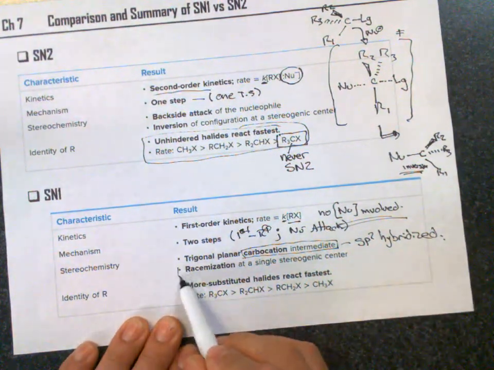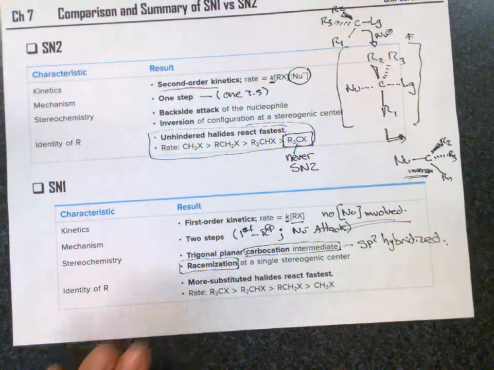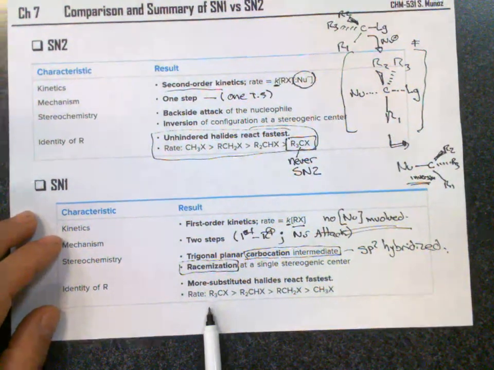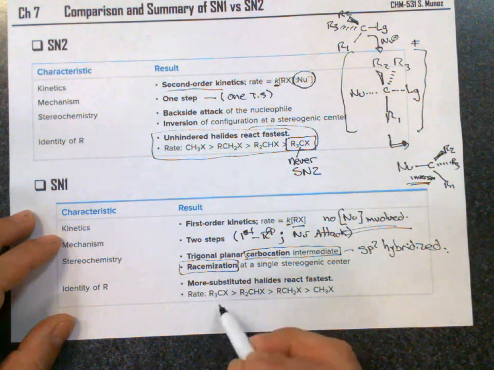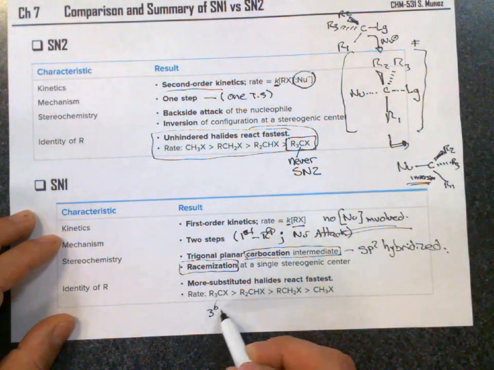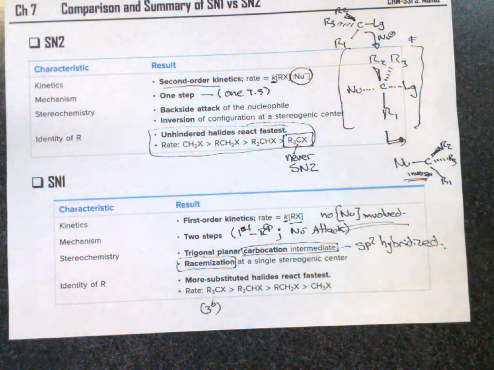And racemization occurs. We just spent a great deal of time explaining what that means. Now, the trend in terms of overall rate is directly the opposite of SN2. And tertiary alkyl halides react the fastest. And we also spent some time explaining why. Why is that the case?